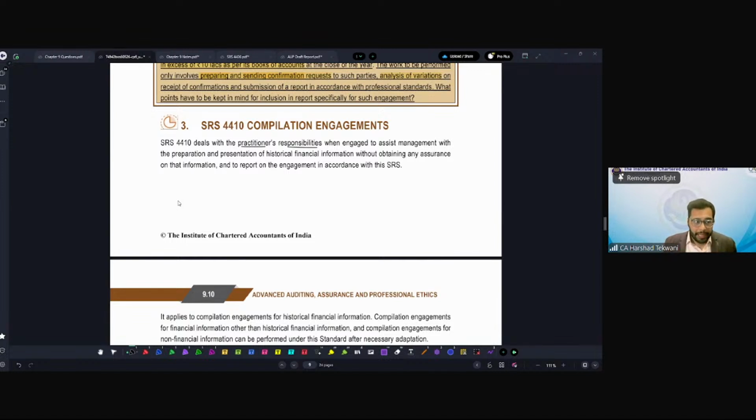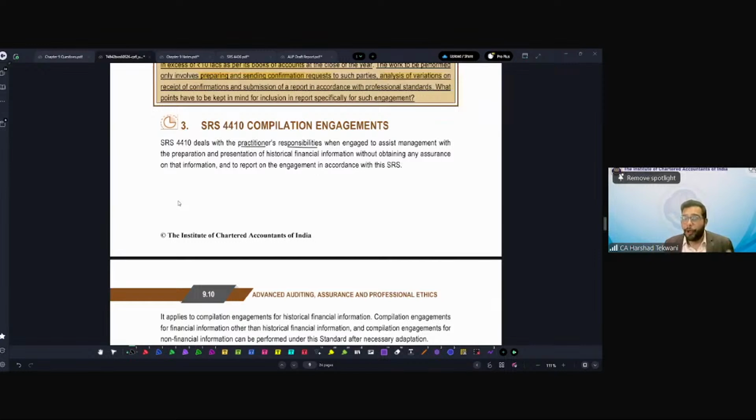Here in 4410, by default, we will be talking about the practitioner, not the auditor, because compiling the financial information, preparation and presentation of the financial statements cannot be done by the auditor in any given case.